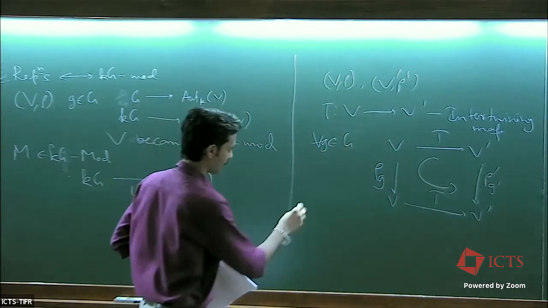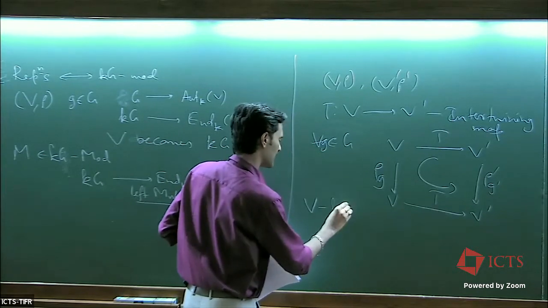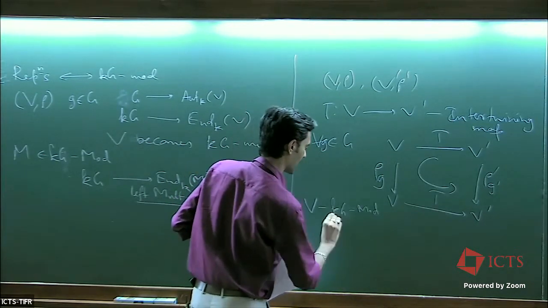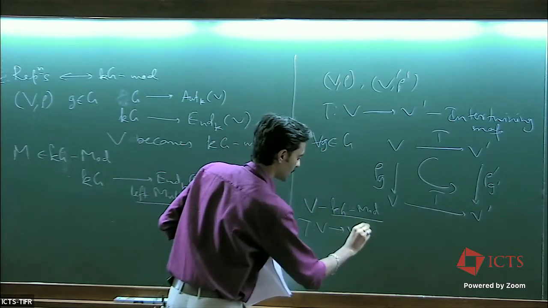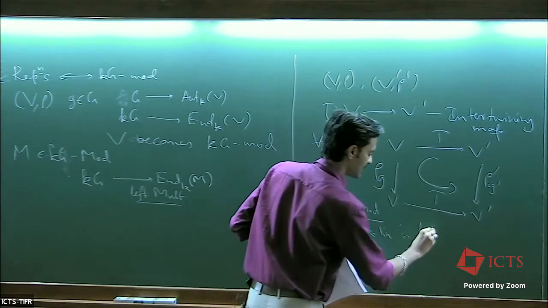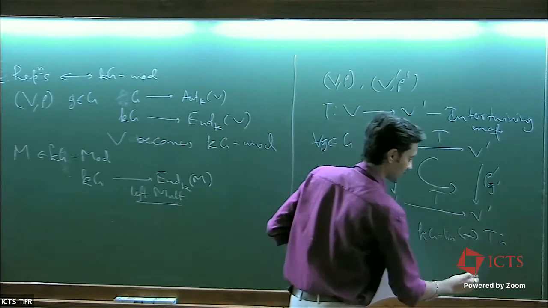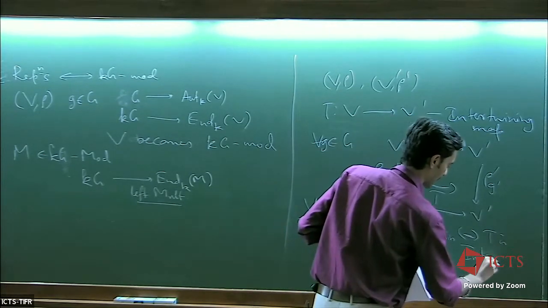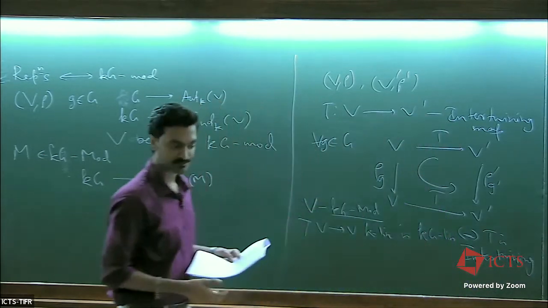Observe that if V is a K-vector space, V is a KG-module, let's say, then any linear map T from V to V is KG-linear if and only if it is intertwining. That is just the definition.